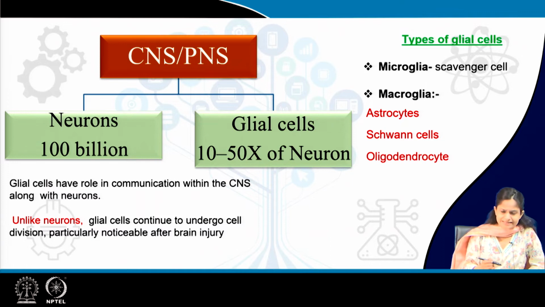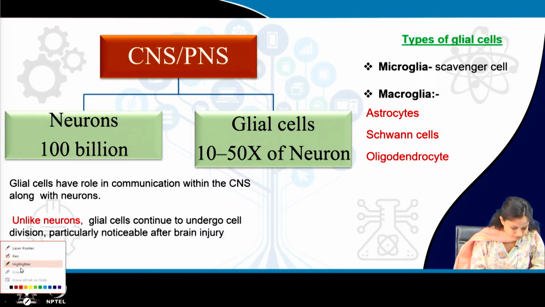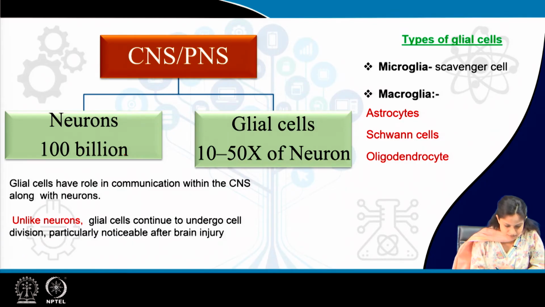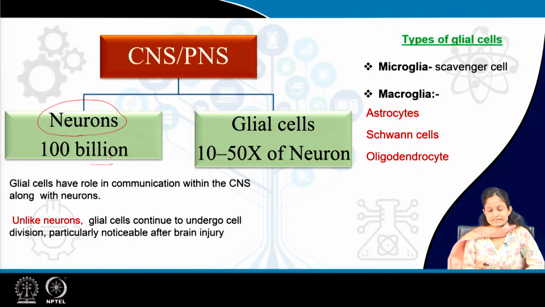Next, whether it's the central nervous system or peripheral nervous system, the structural and functional unit of the nervous system is the neuron. There are many neurons, 100 billion neurons are present in the central nervous system, and also there are supporting cells of the brain other than neurons, which are 10 to 50 times more than the neurons.